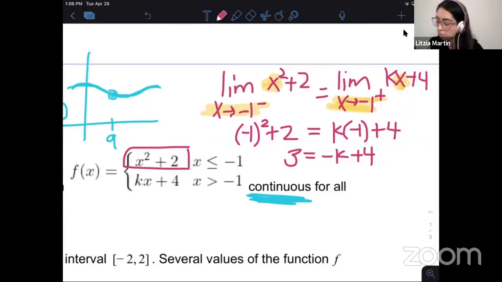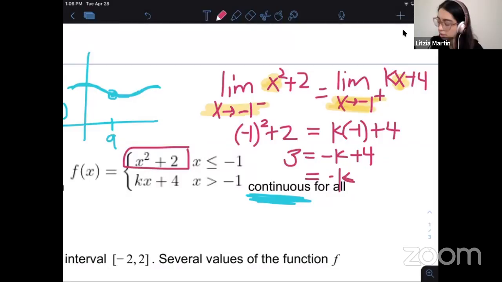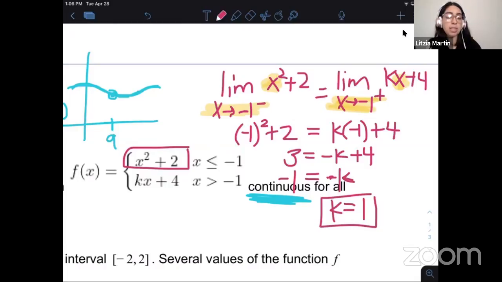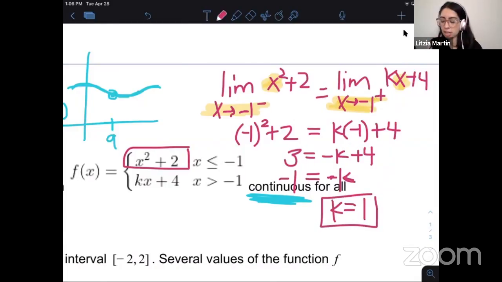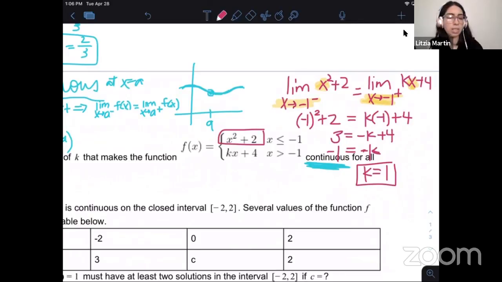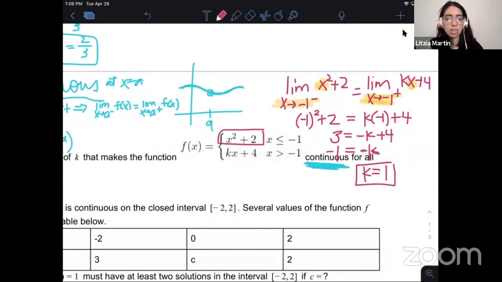Subtract the 4, that's going to give me -k is equal to -1, so k is equal to +1. So that's the k value that's going to make this function continuous at x equal to -1.